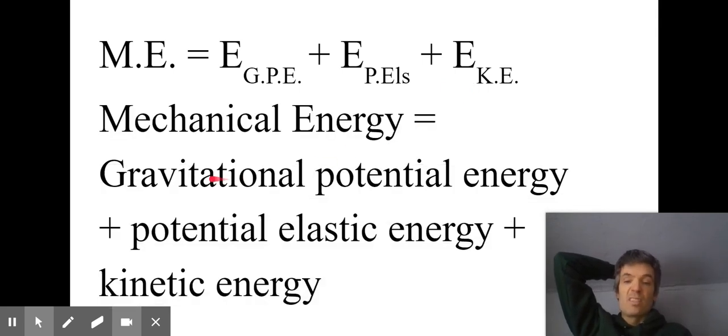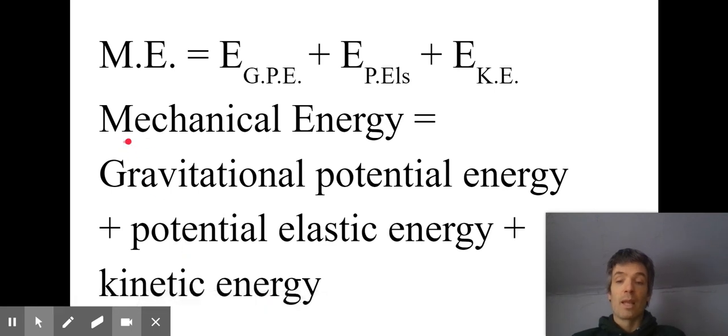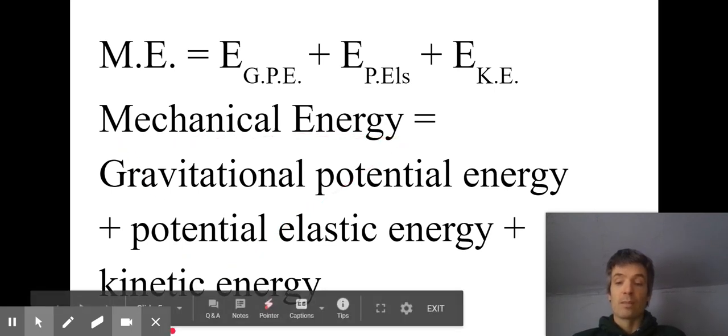In other words, it's the gravitational potential energy plus the elastic potential energy plus the kinetic. That all together makes your mechanical energy for an object in a system.